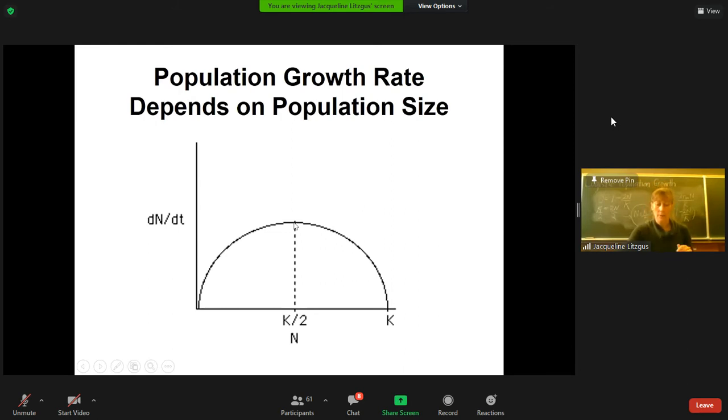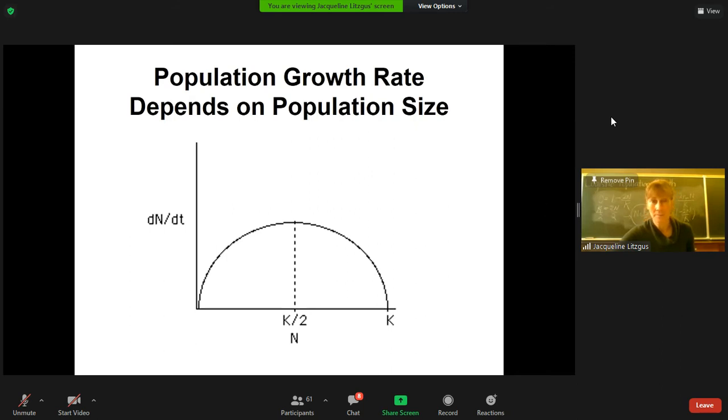Okay, so we've seen that the population growth rate depends on population size. We can represent that by this graphic, which shows that population growth rate, dn over dt, is the highest at halfway to carrying capacity. Okay. So population growth rate depends on that population size. Okay. So you should know how to explain this with the verbal argument and know how to show it with calculus too.